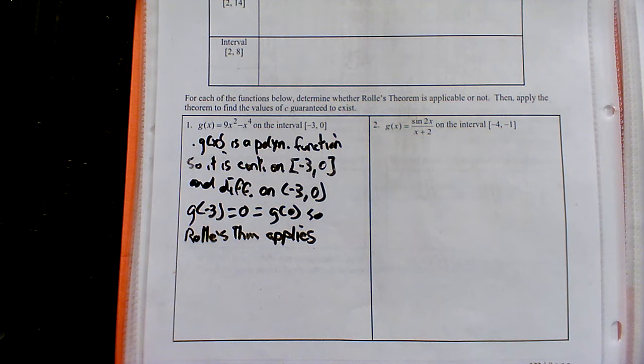Now that it applies, that's the definition. We know that we can use the theorem. We know there's some value c where the derivative is 0. So what's our next step now? Because we want to actually find that value of c.